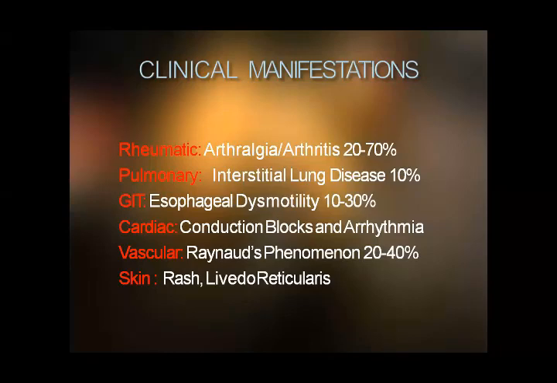We have already discussed this in scleroderma and CREST syndrome, where it may be a manifestation. The same Raynaud's phenomenon can be seen in patients with polymyositis. Skin rash like livedo reticularis is common in polymyositis, but dermatomyositis has more dermatological manifestations than polymyositis.